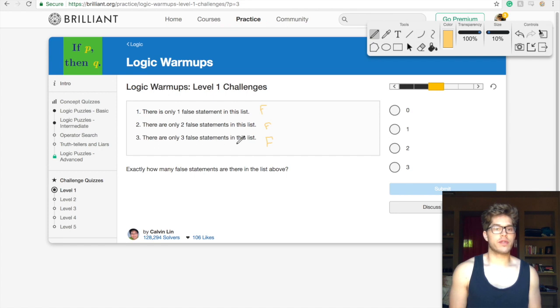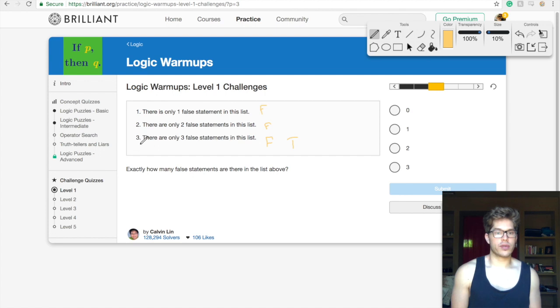Well, if this is false, then that means there's not 3 false statements. There would be only 1 or 2 false statements. If this is true, there are 3 false statements. Well, we don't have enough statements for this to work out, right?